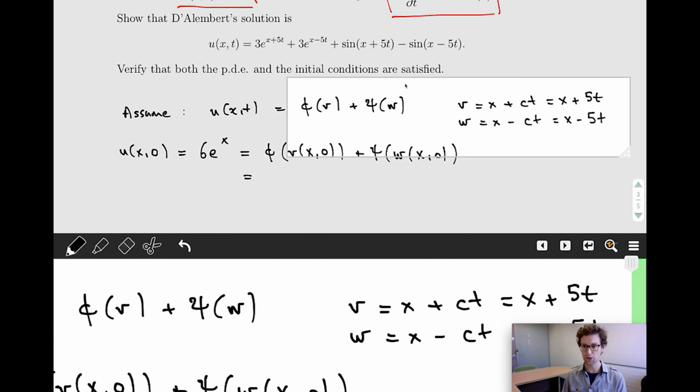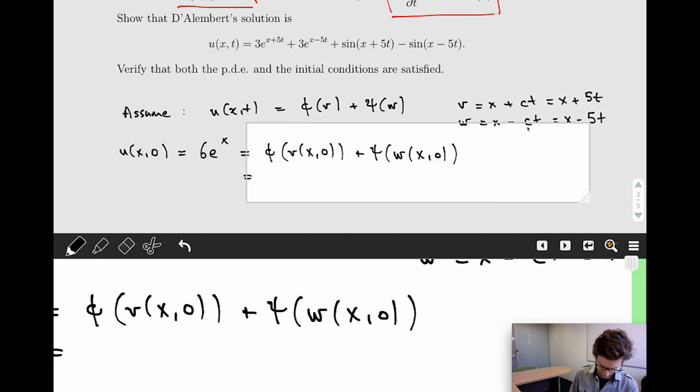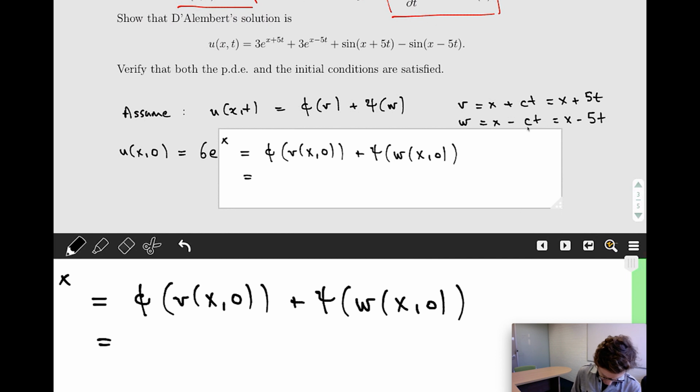Well, here's our expressions. When t is equal to 0, v is equal to x plus 0. It's just equal to x. And when t is equal to 0, w is equal to x minus 0, so it's also just equal to x. So I get here phi of x plus psi of x.